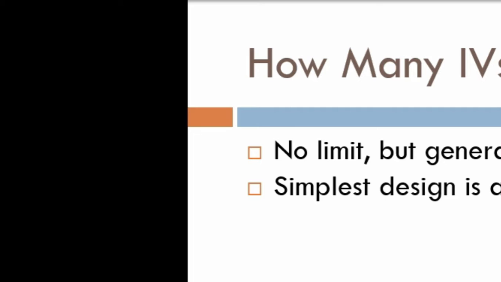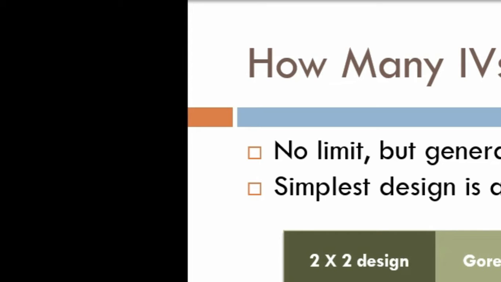So we have 2 independent variables, each with 2 levels. The number of numbers tells us how many independent variables there are. So the fact that there are 2 2's lets us know that there are 2 independent variables. The fact that each of those numbers is a 2 lets us know that each of those independent variables has 2 levels. Let me show you what I mean.